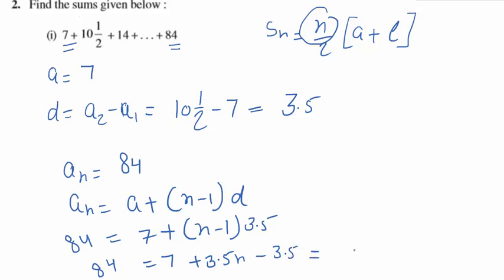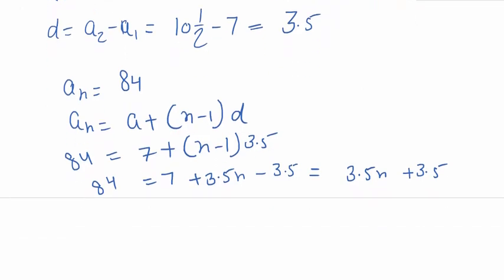7 minus 3.5. Plus minus minus, and the symbol will be of the greater number. So this will be 3.5 n plus 3.5. Now this plus 3.5 becomes negative when it goes to the left hand side.